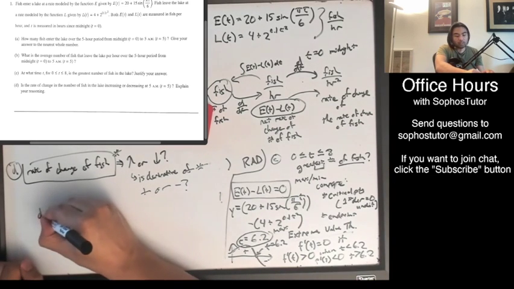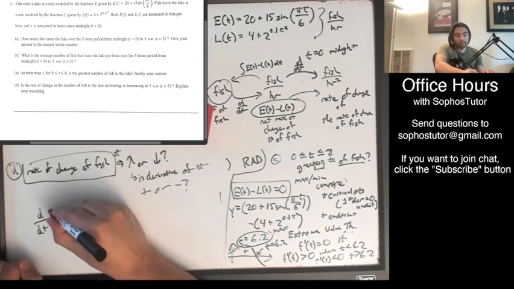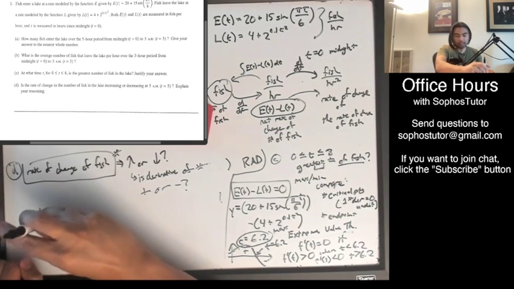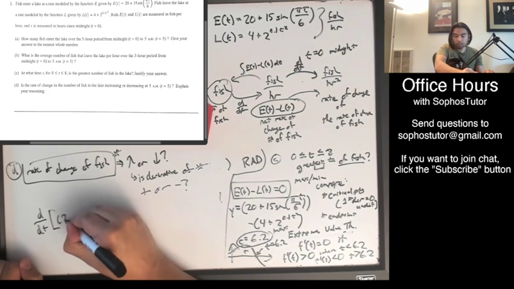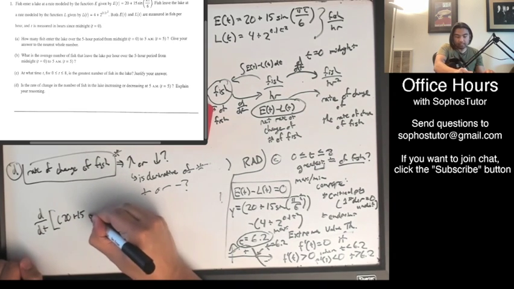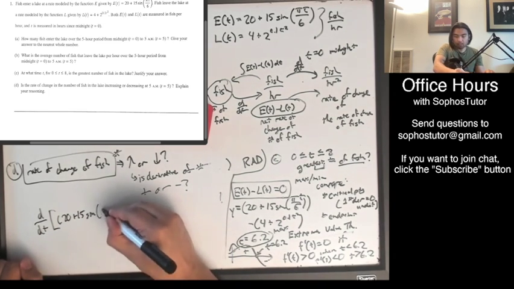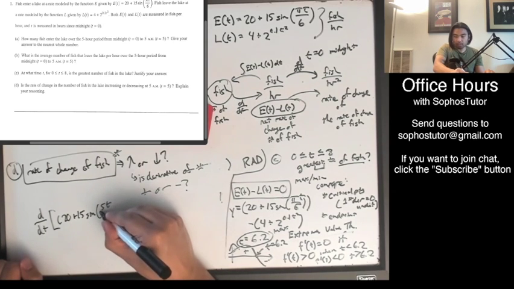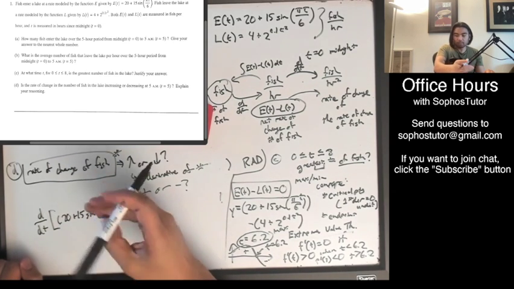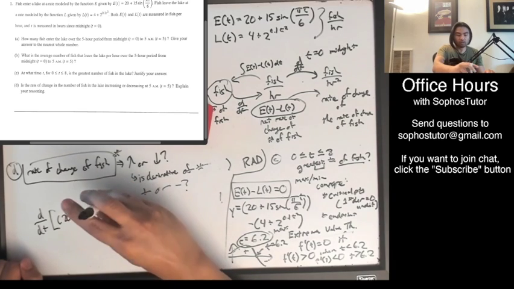So what we need to do is write the derivative of, in this case, we'll write the full function out, 20 plus 15 sine of, oh sorry, not 5t, pi t, start over.